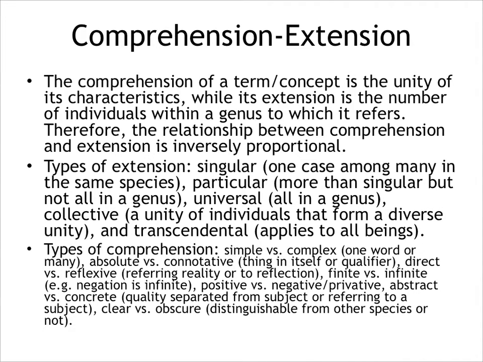But dog applies to fewer things than animal does, so it has less extension. Animal applies to more things, but you can say less about what it is. Being, for example, has the greatest possible extension because it applies to all possible things, but there's very little you can say about it, so it has very little comprehension. They're inversely proportional, in other words.